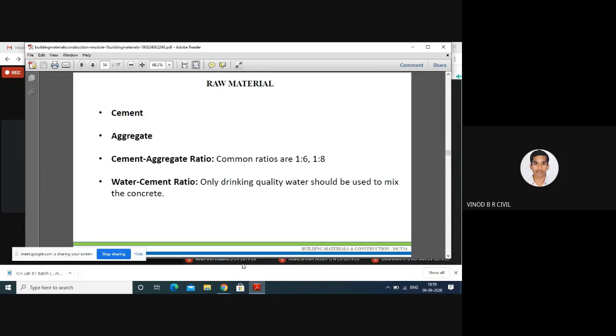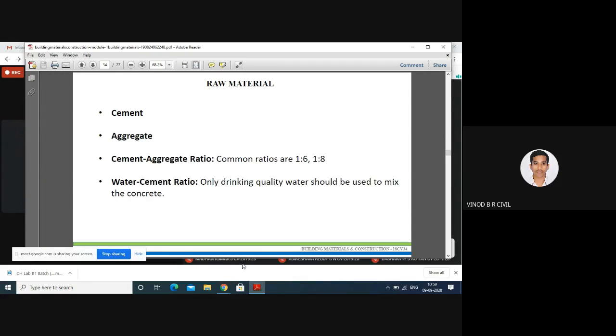Next is the cement aggregate ratio, meaning the fine aggregate ratio. 1 is to 6: 1 indicates cement and the second digit is fine aggregate. Second example, 1 is to 8, 1 is cement, 8 is fine aggregate. For example, 1 kg of cement and 6 kg of fine aggregate, or 1 kg of cement and 8 kg of fine aggregate. That is the cement aggregate ratio.